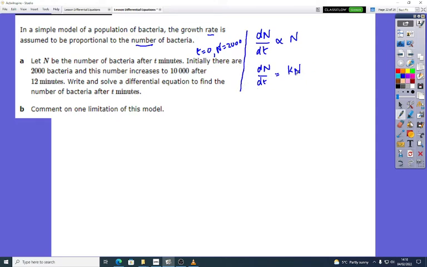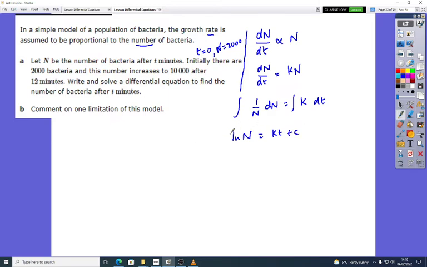I'm going to separate my n's, bringing n to this side: 1 over n dn. I'm going to leave the k on this side, which you should do, and bring the dt there. Integrate both sides. We all know that the integral of 1 over n is the natural log of n, and that's going to be kt plus c.